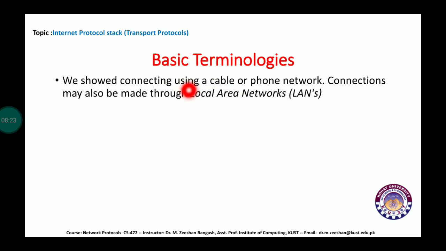We also know that connection, instead of using a cable or a phone network, may also be made through a local area network. So this is also a basic concept.